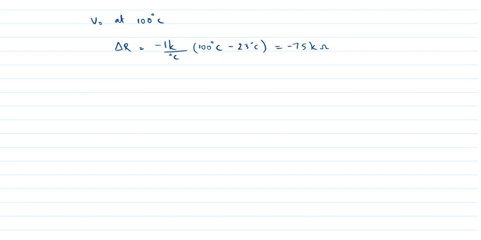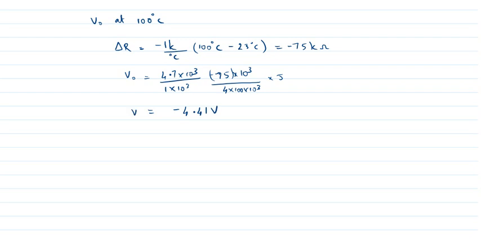Then V0 equals 4.7 into 10 to the power 3 over 1 into 10 to the power 3, times minus 75 into 10 to the power 3, divided by 4 into 100 into 10 to the power 3, into 5, and we will get the value as minus 4.41 volt.